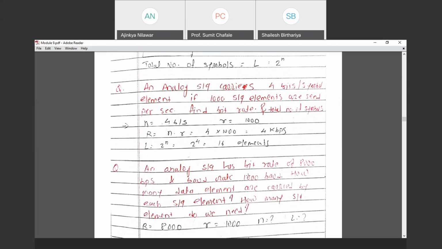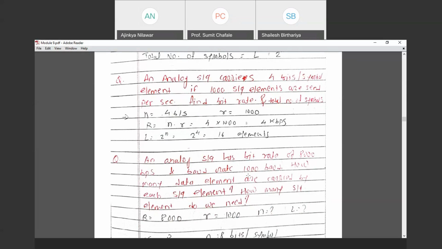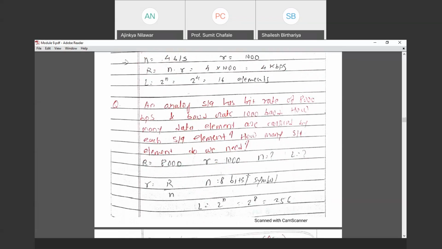And then the number of symbols is simple. Q is equal to 2 raised to n, L is equal to 2 raised to n. It's 16 elements. Similarly, in the second numerical also, please read it out. An analog signal has a bit rate, that means capital R value is 8000. Then baud rate, that is small r, is 1000.